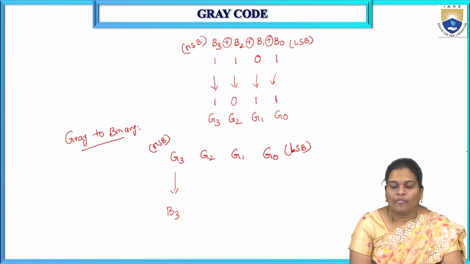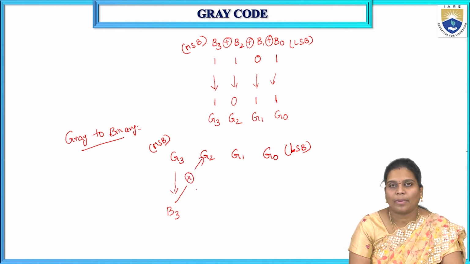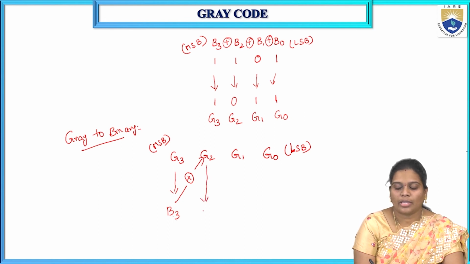Now we apply the XOR gate for the resultant bit and the adjacent number. That means B3 XOR G2, we get B2.